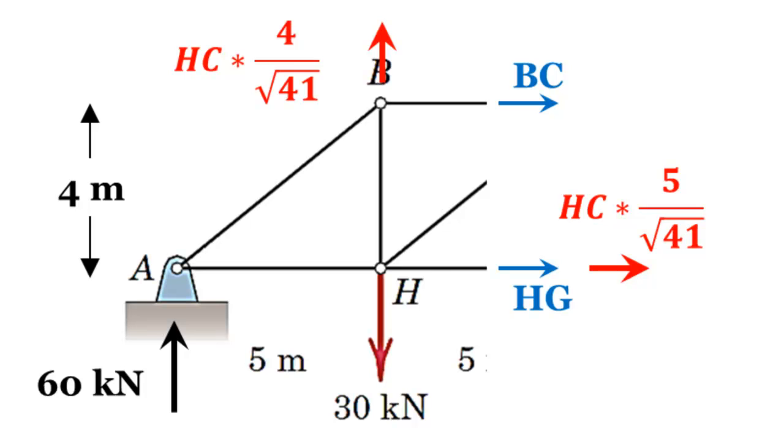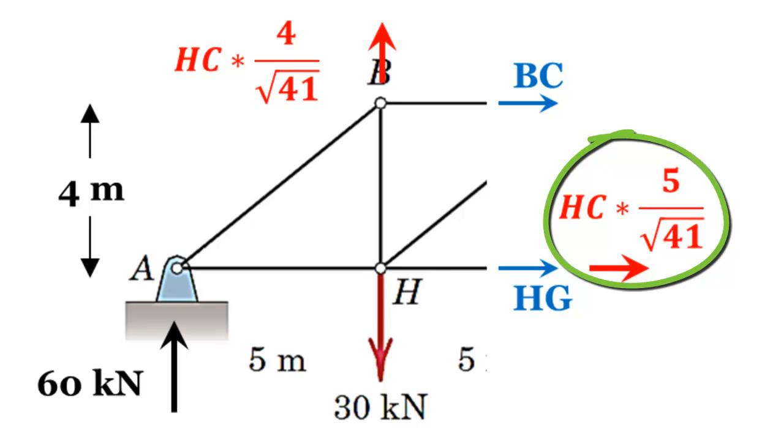The X component, as we can see here, is HC multiplied by 5 over the square root of 41. So HC is the magnitude you are looking for, multiplied by 5 over the square root of 41.